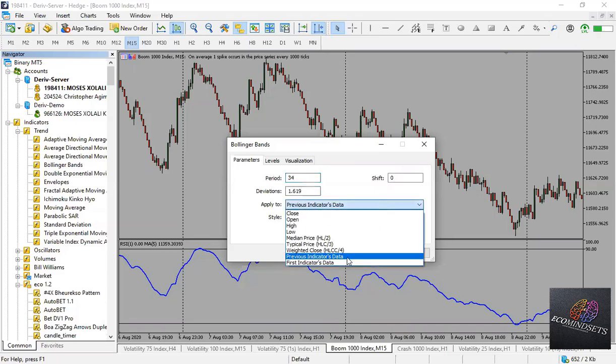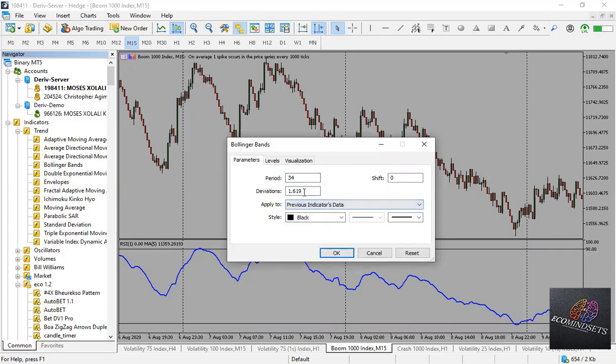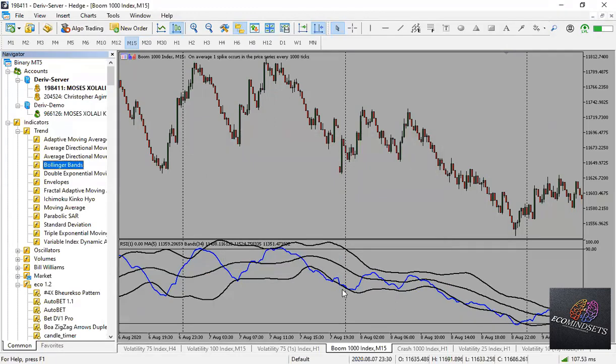Apply to should be previous indicator's data. The style, you can choose any color of your choice; I'm using black, and the thickness is up to you. The shift is 0. Then you click OK. So there we have our Bollinger Bands in the indicator window.